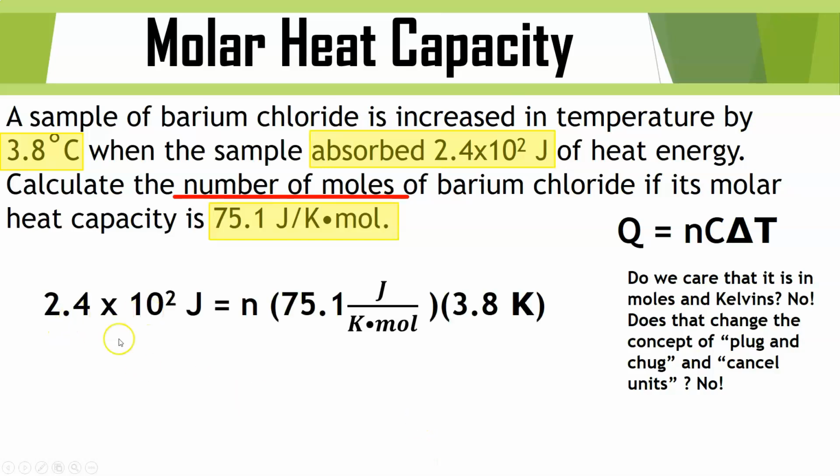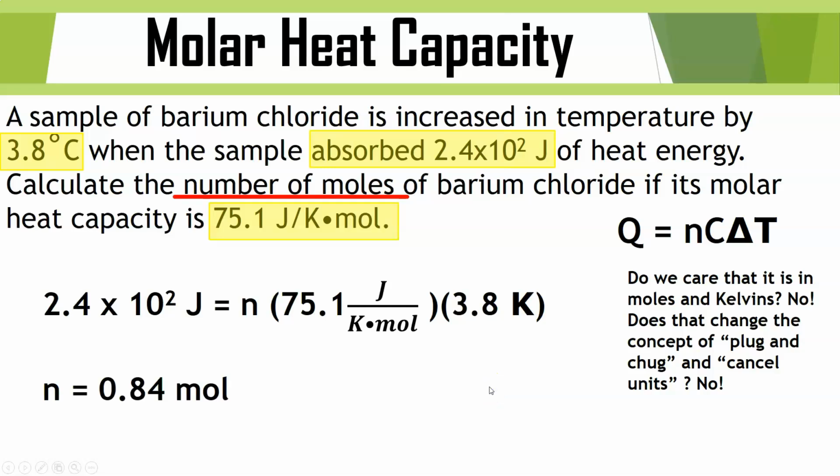Plug everything in, Q equals n c delta T. If you'll notice, your kelvins will cancel. When you isolate your variable, your joules will cancel. And then you'll be left with moles.